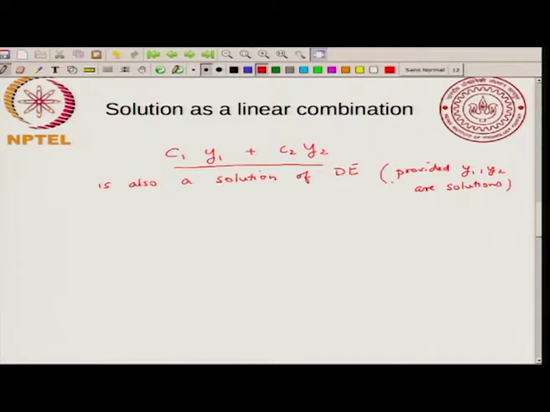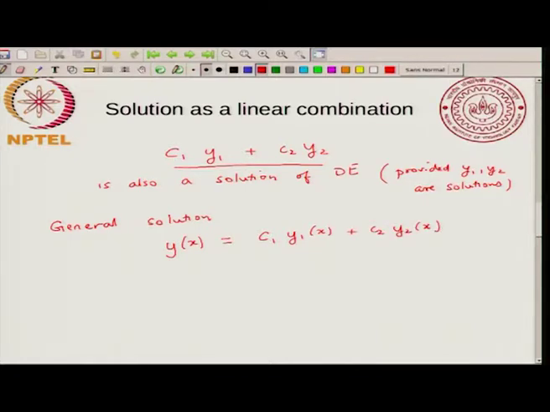Okay. So what that means is that if I have one solution y1 and another solution y2, then I can write a third solution which is a linear combination of these two. And in fact you can say that the general solution y of x can be written as a linear combination, C1 y1 of x plus C2 y2 of x.